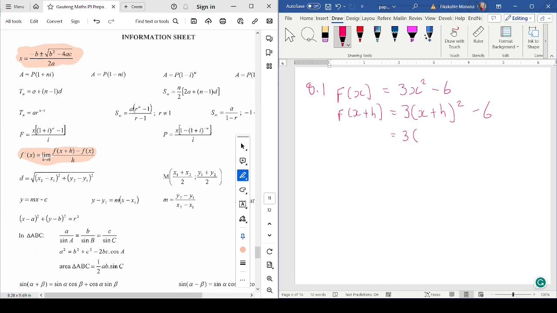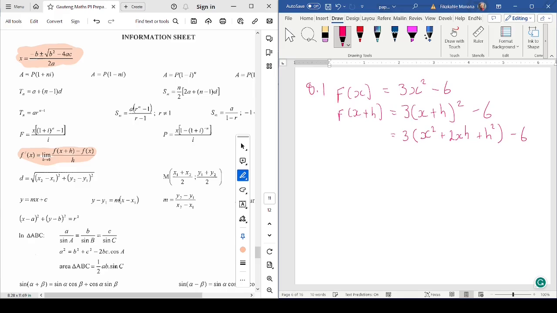Now I know that this will give me x squared, and then it's 2 times the first term times the second term, which will give me 2xh. Do you see that? And then the last one is just h squared, right? Okay, now that's all minus 6.